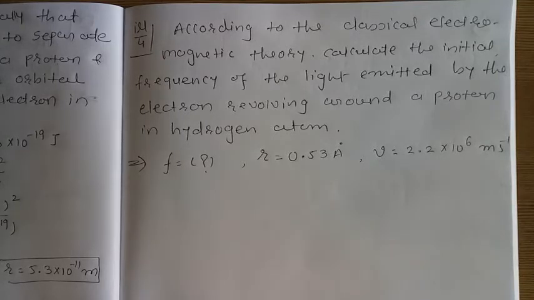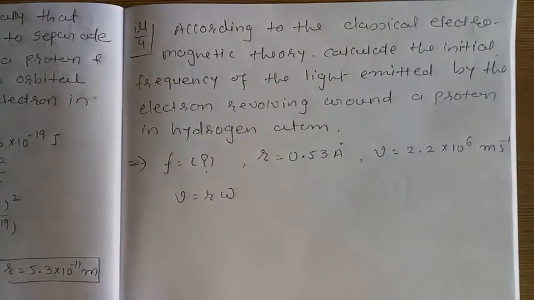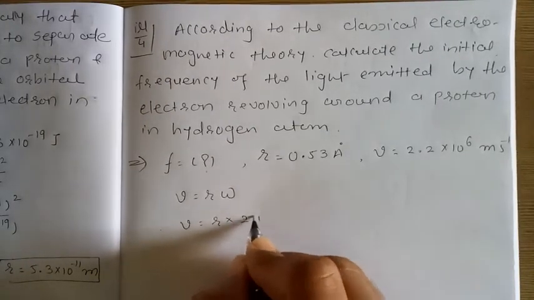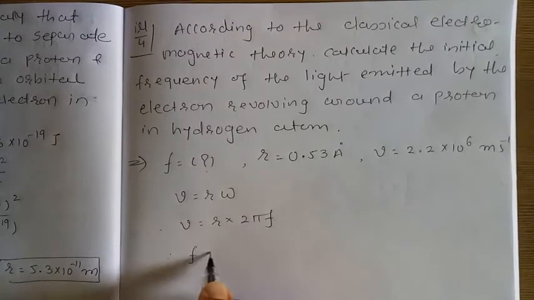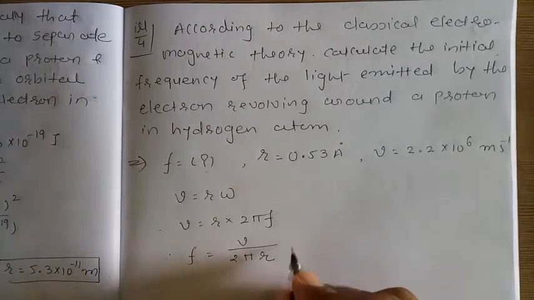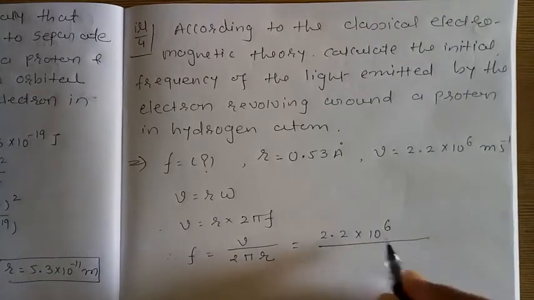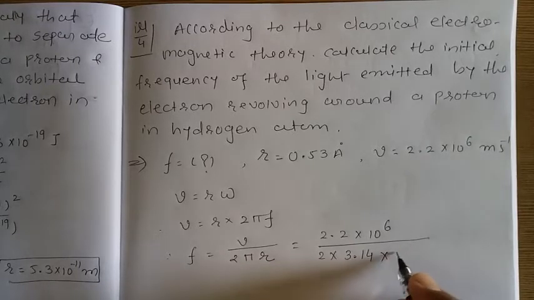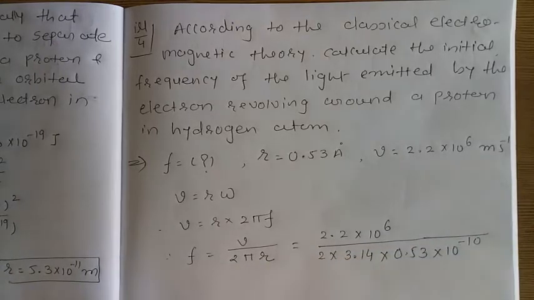Now we have to find out the value of initial frequency, right? So we know the formula. V is equal to R omega, where omega is equal to 2 pi f. So V is equal to R into 2 pi f. We have to find out the value of f. So f is equal to V upon 2 pi r, right? We know the velocity, 2.2 into 10 raised to 6, divided by 2 pi, where pi is 3.14, and r is 0.53 angstrom.